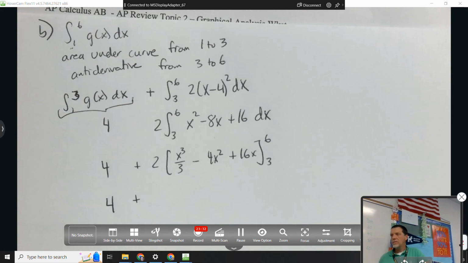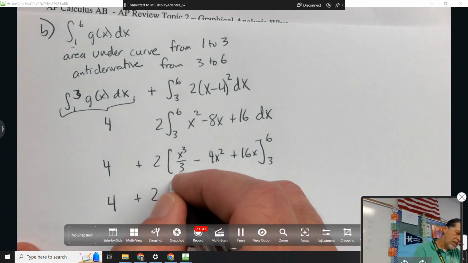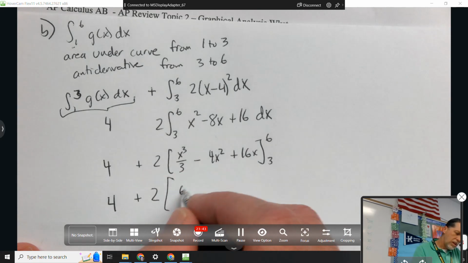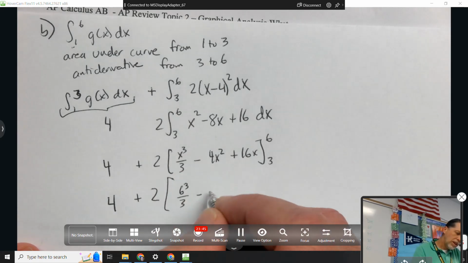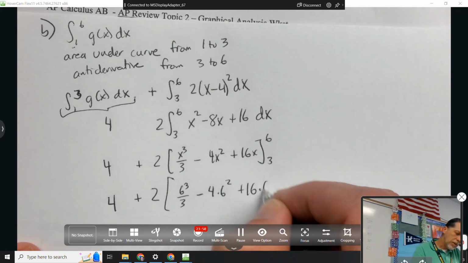Giant safe stop coming, right? Like I'm not doing 6 cubed or 6 squared or even 16 times 6. No. I'm going to do 6 cubed over 3 minus 4 times 6 squared plus 16 times 6.